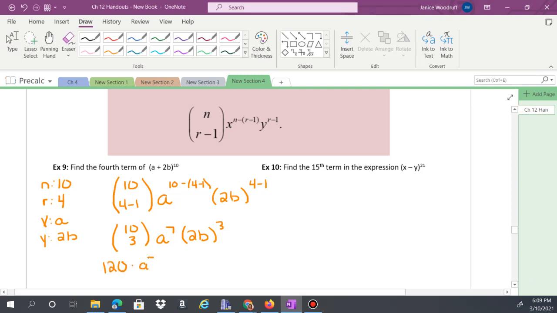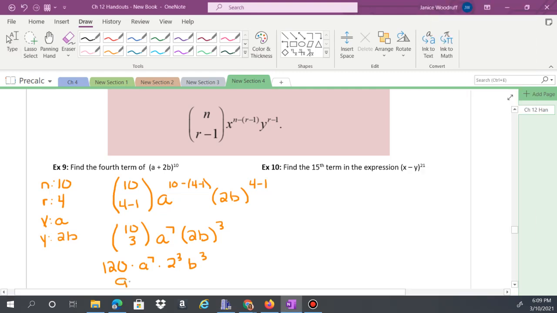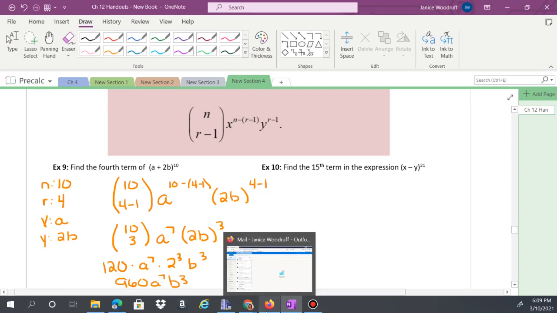And then you have a to the 7, and then you have 2 cubed, b cubed. So the coefficients you'll multiply out: 120 times 2 cubed, which will give you 960. And then your variables are going to be a to the 7, b cubed.